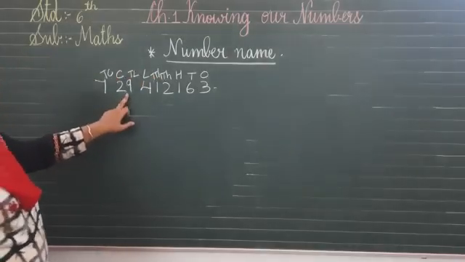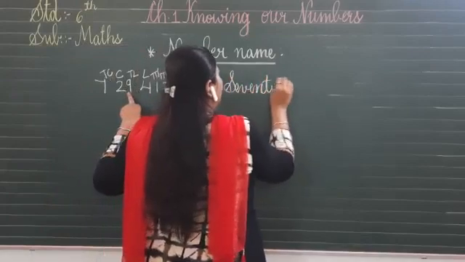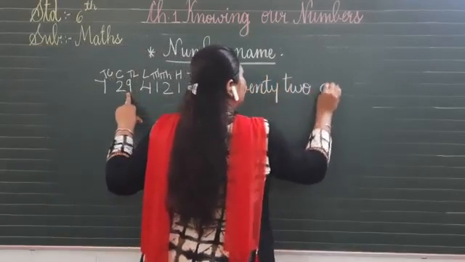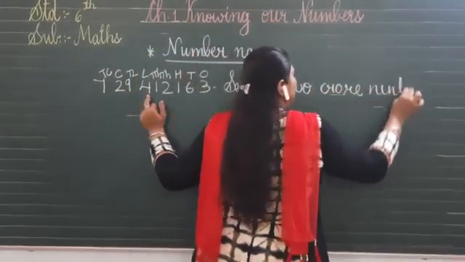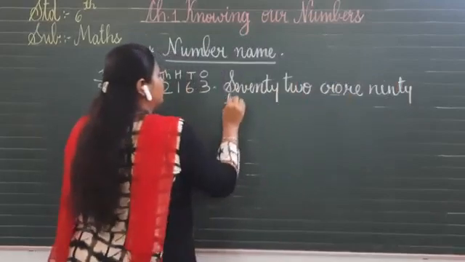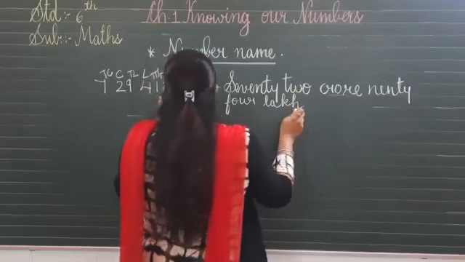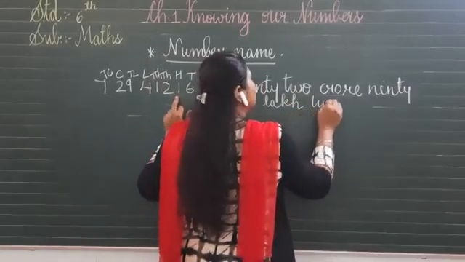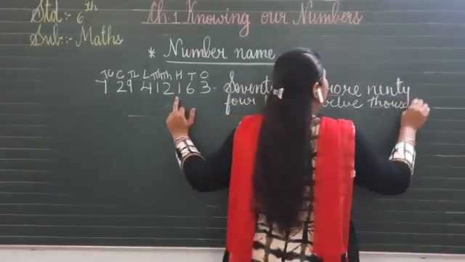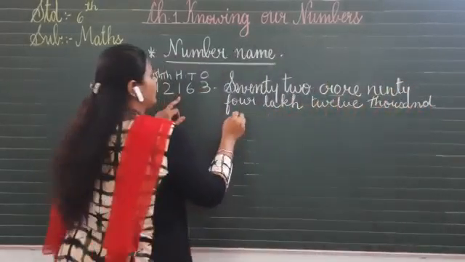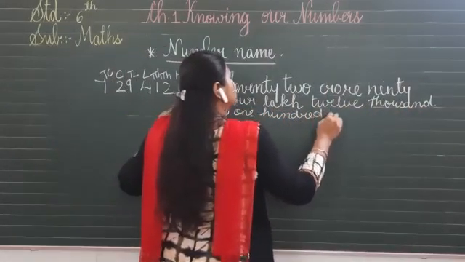Now we will write the number name: 72 crore, 94 lakh, 12,163.